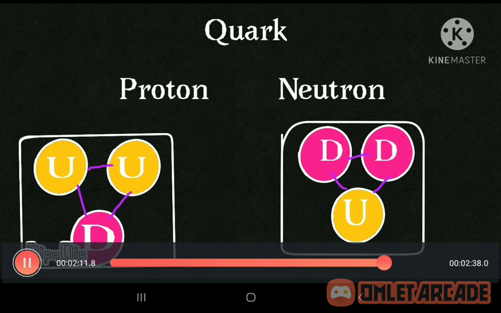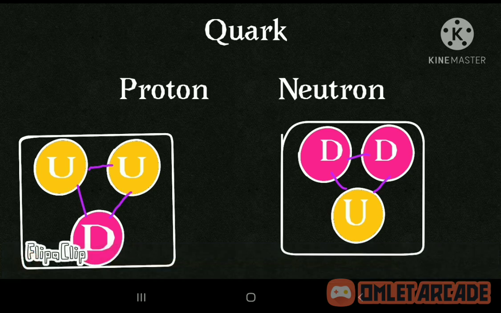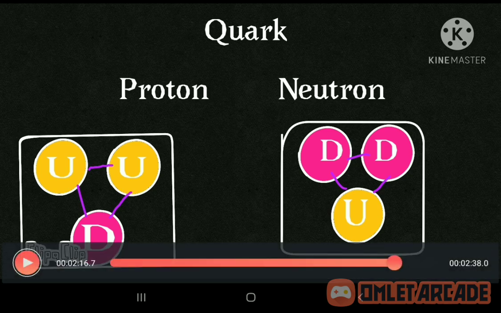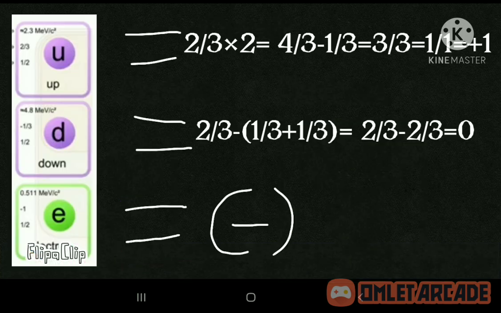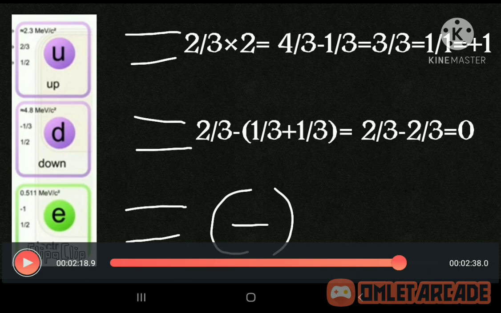Okay. So if you still don't understand why the neutron is neutral, not a minus, you can think that U is positive and D is negative, and just clear. Neutron is neutral.